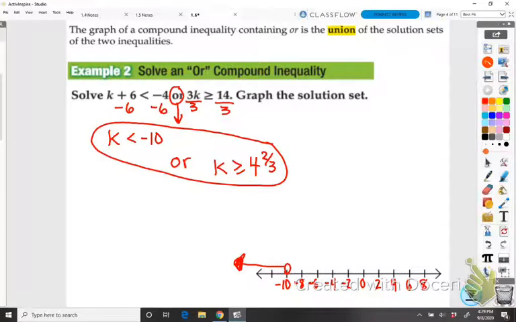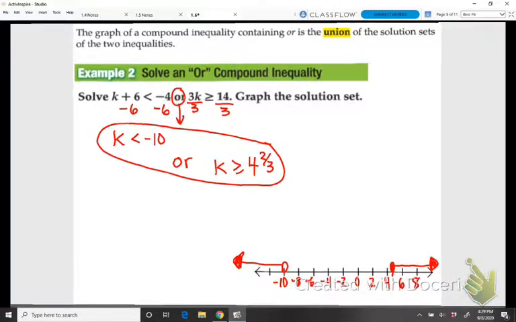The second solution has a closed circle on 4 2/3, so it's about here, but it includes everything bigger than or equal to that. So notice how these are two arrows pointing in opposite directions. So I think if you're on your canoe or kayak, you're rowing your boat with your 2 oars, it's on the left and it's on the right. So it's not everything in the middle this time.